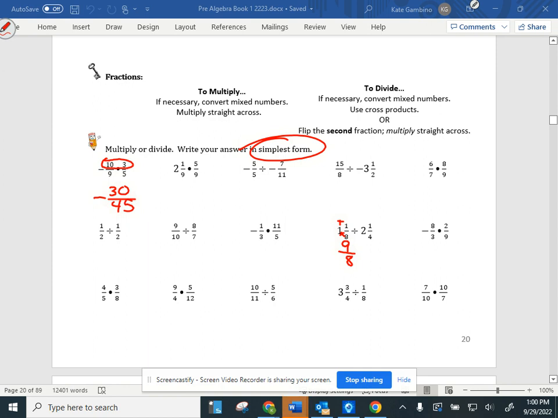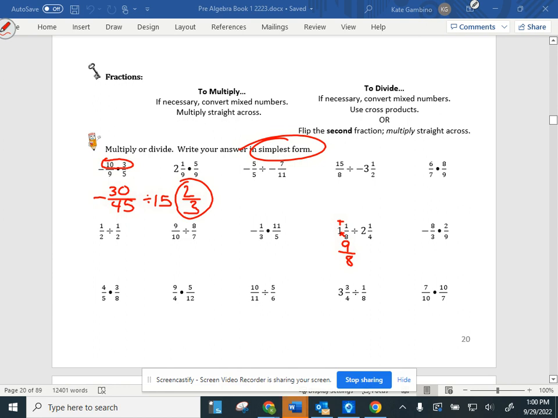Simplest form. There are two ways we can do simplest form. I already started my problem, so now I need to see what I'm going to divide out. What should I divide out of a 30 and 45? 15. 30 divided by 15 is 2. 45 divided by 15 is 3.